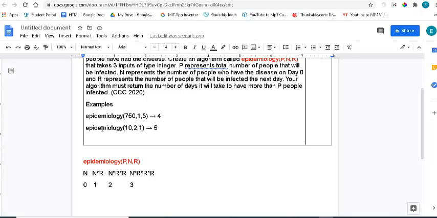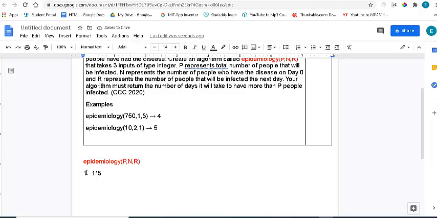Let's check one of these examples to see if the answer is correct. Let's go with the first one, so I'm going to erase these. We start with one person infected, day 0. Each person can infect 5 people. So the next day, I'm going to have 1 times 5 people infected, which is 5. Another day has passed.